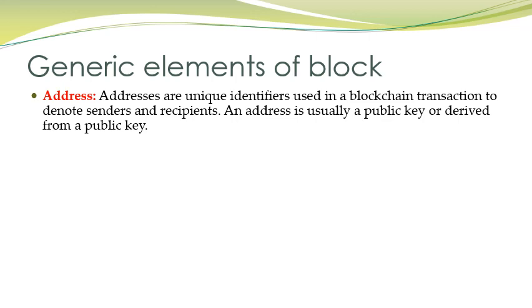An address is usually a public key or derived from the public key. While these addresses can be reused by the same user, these addresses are unique. However, a single user may not use the same address again and should generate a new one for each transaction. For each transaction, each user has to generate a new address.